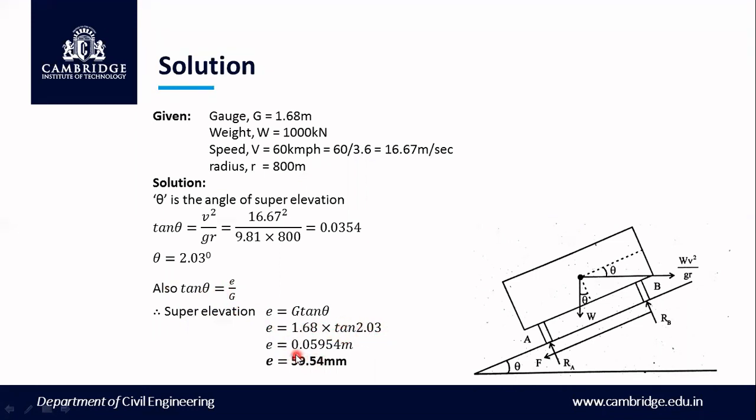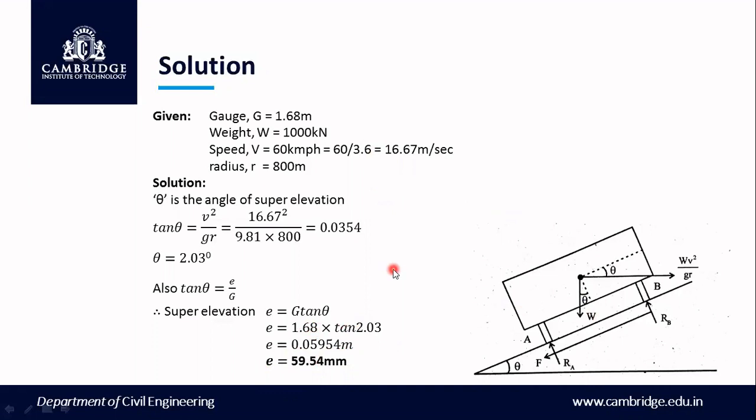When you solve this, you'll get 0.0594 meters, since the gauge is in meters. Multiply this with 1000 and you will get E is equal to 59.54 millimeters. So this is the super elevation provided for the given data.